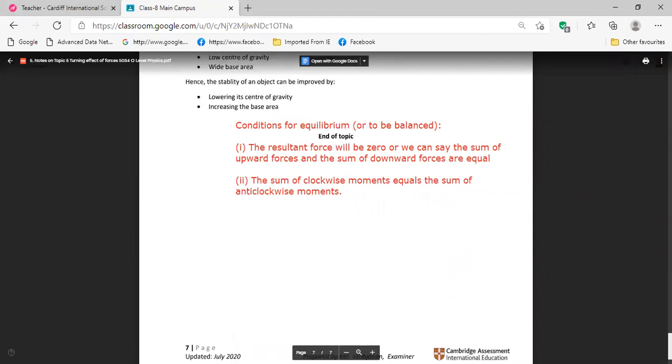Okay. Now, look, I'm giving you one diagram.